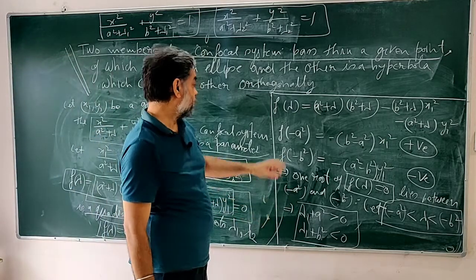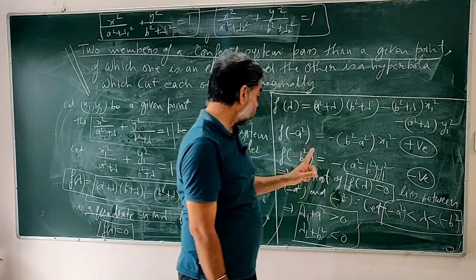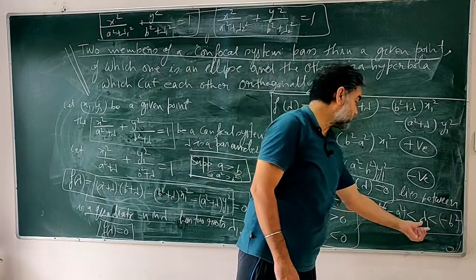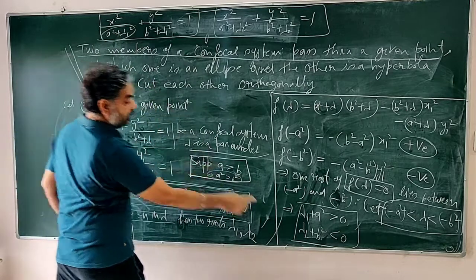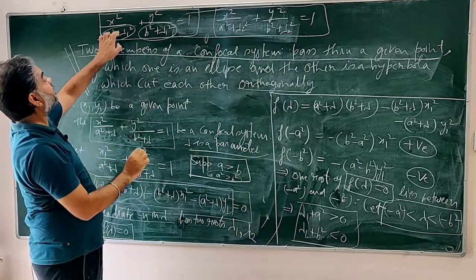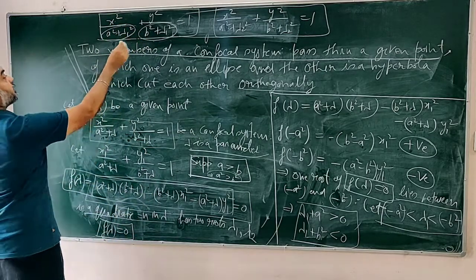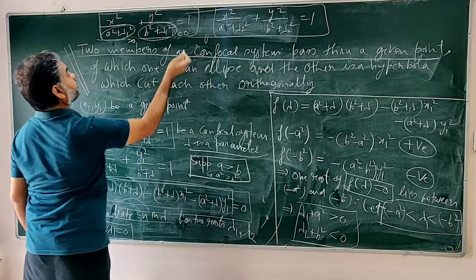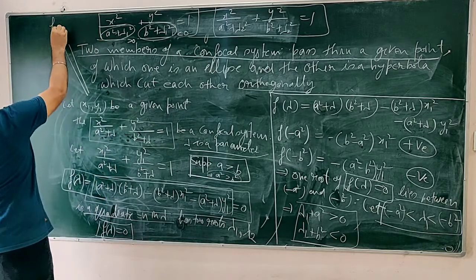First of all, we see that one root of this quadratic equation lies between minus a square and minus b square, and that means lambda 1 plus a square is positive and lambda 1 plus b square is negative. If this is positive and this is negative, then this is the equation of a hyperbola.